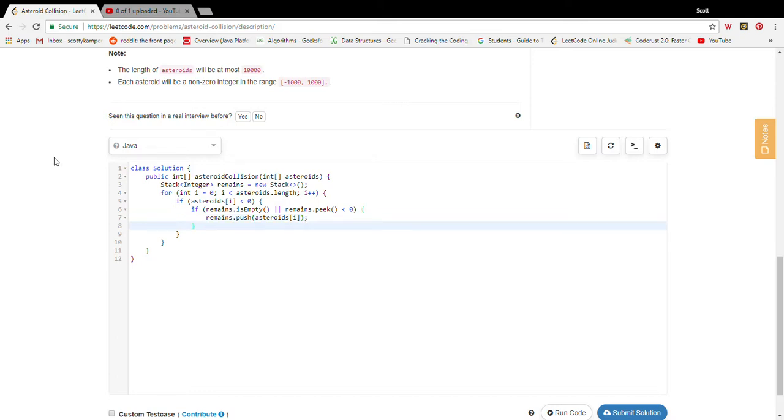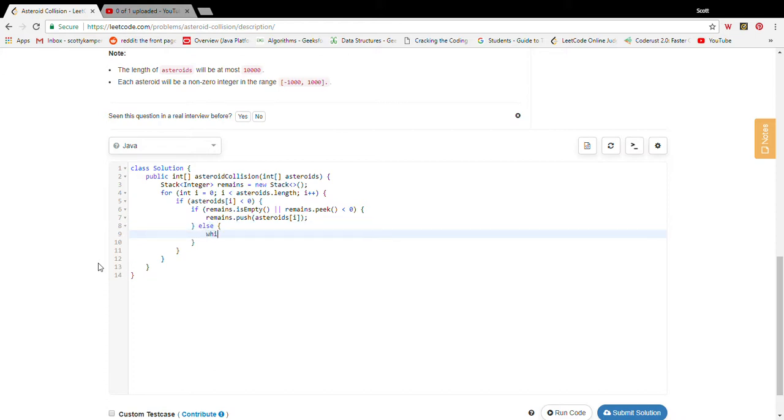What this little block of code basically represents is this asteroid is moving to the left, and every asteroid we have processed so far is also moving to the left, or there are none left. So if there are none left, or all the asteroids we have in our stack are all moving to the left as well, then this is not going to collide with anything. So we just push it onto the stack.